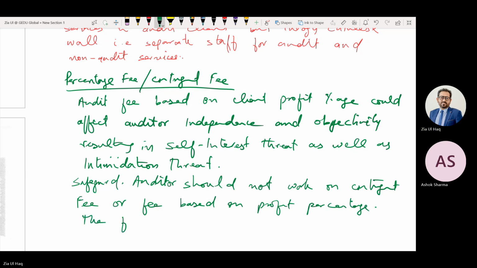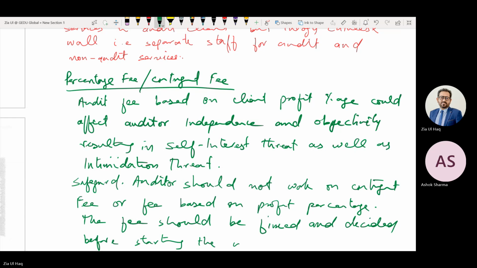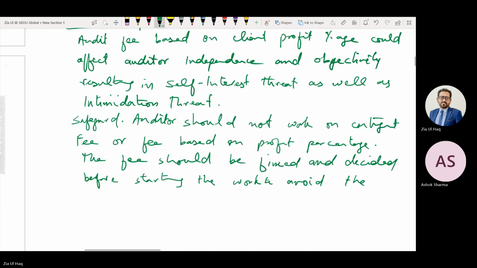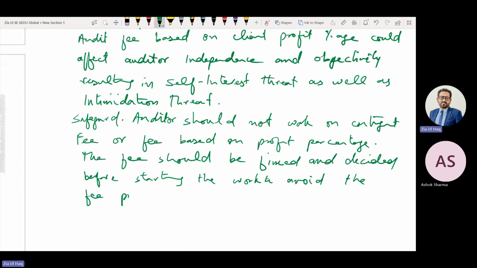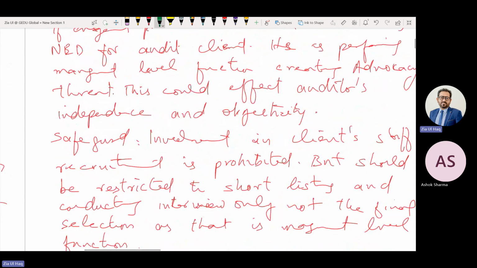The fee should be fixed and decided before starting the work, to avoid the fee pressure. Three issues: threat, safeguard, we have written down.